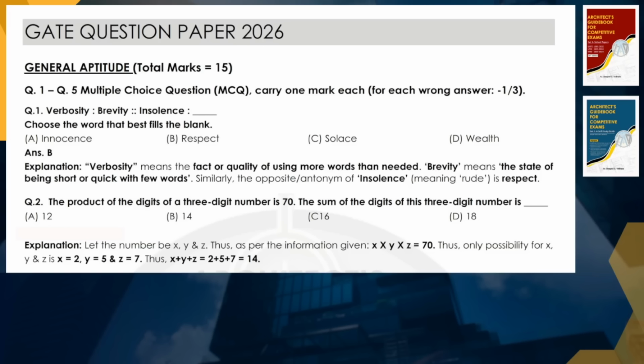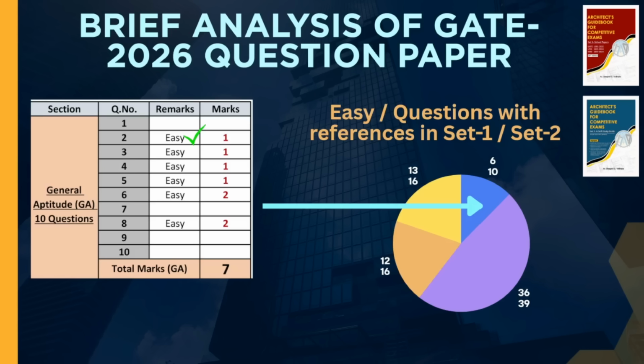So the values of x, y, and z can be only 2, 5, and 7 respectively. So x plus y plus z will be 2 plus 5 plus 7, the addition will be 14. So here you could have selected option B in your final answer. So answer B is the correct one. Like I said earlier, question 2 was of easy nature, so 1 mark could have been easily achieved for this question.